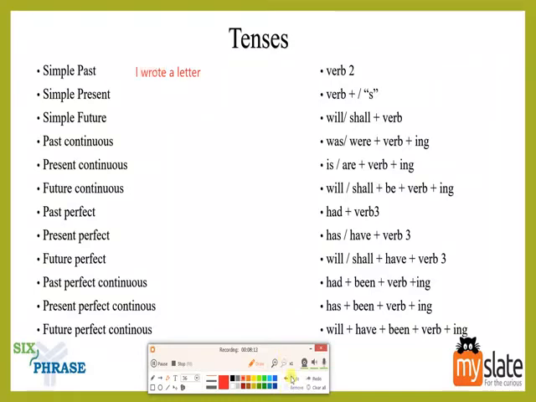Fine, chill. So I'll just tell you directly, this wrote is the verb 2 form of your verb. So how do you write wrote? Meaning write, wrote, written. Written is your verb 3. We'll just have it here, therefore we'll know. So verb form is write, verb 2 is gonna be wrote, verb 3 is gonna be written, right?